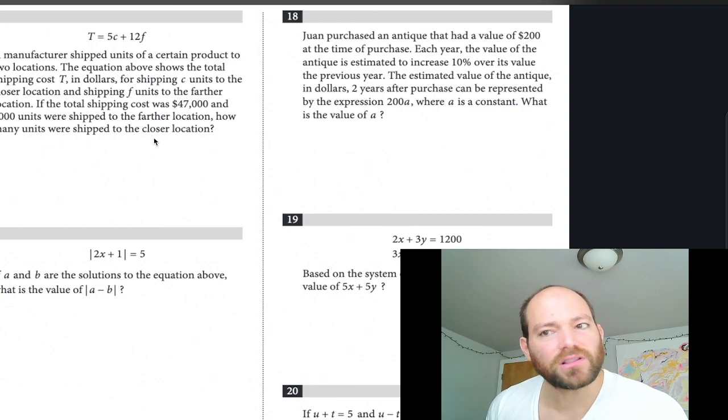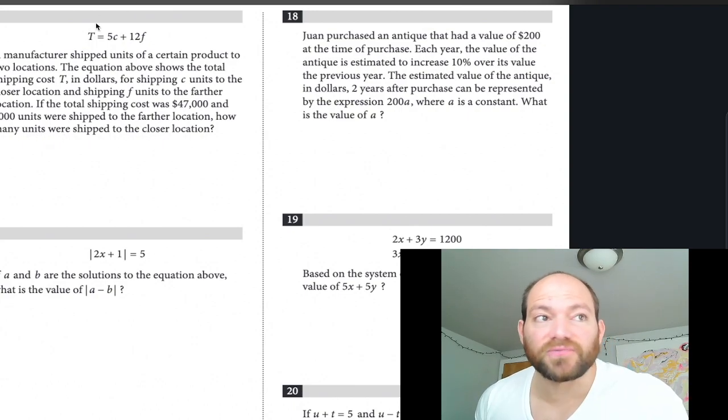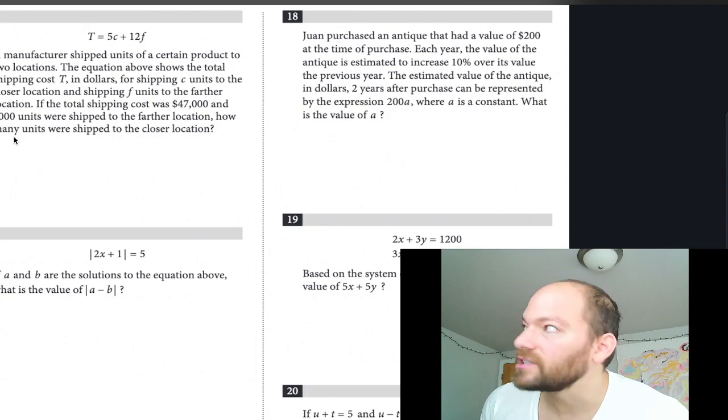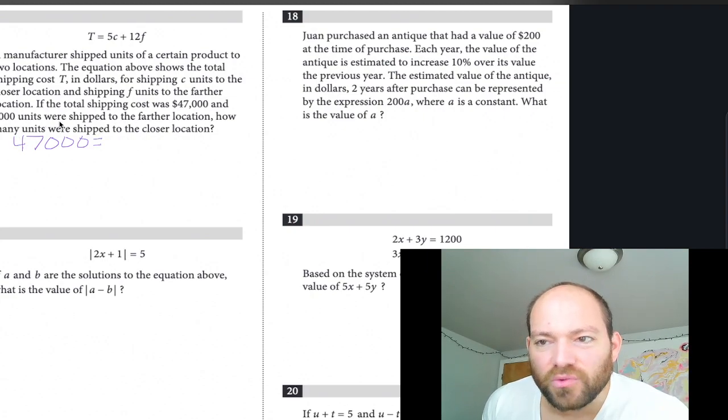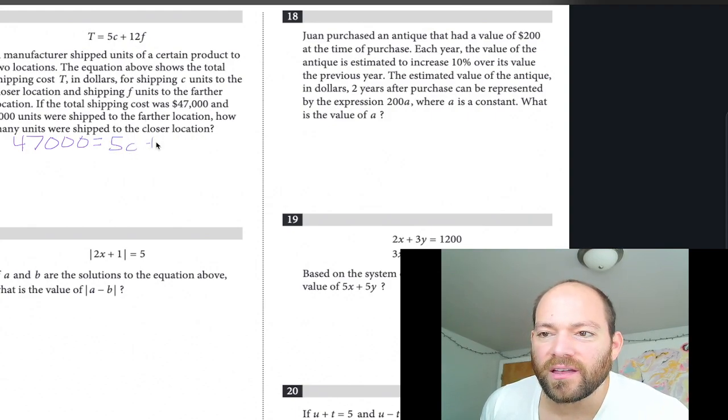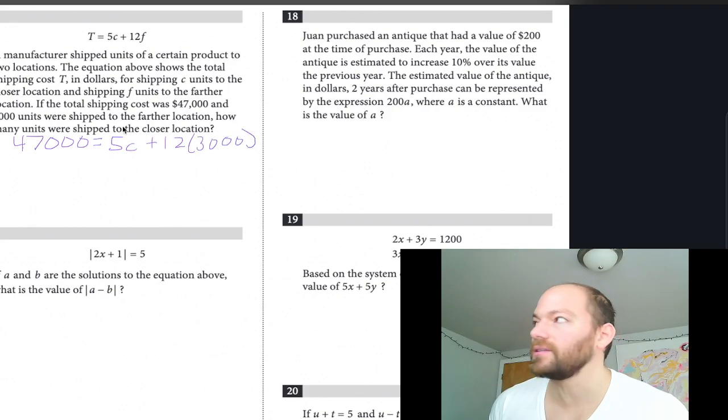So how many for the closer? So basically, T is 47,000. Let's start plugging some stuff in here. F is 3,000, and how much is C? So 47,000 equals 5C plus 12 times 3,000.